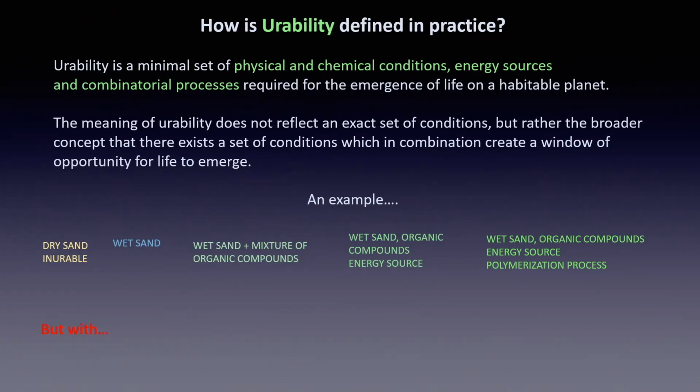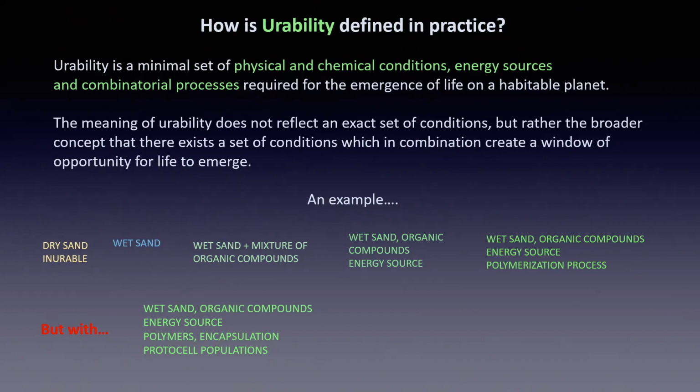So we're going to add one more item to this. We're going to add encapsulation by membranous compartments. And when we put all of those things into microscopic protocells, we're on the way to habitability, because those protocells are all different from one another.